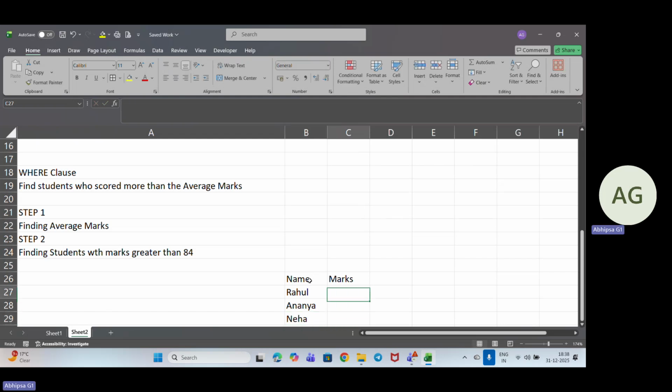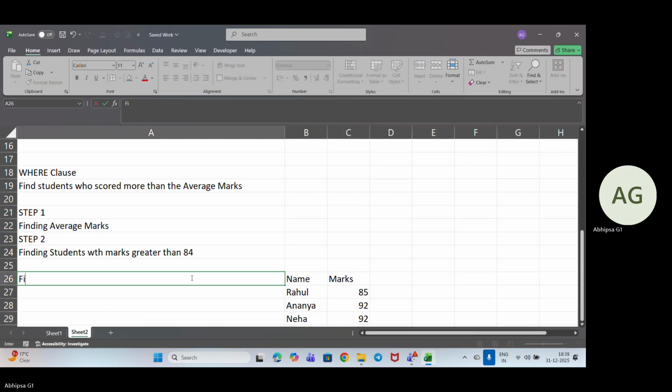And the marks, Rahul is 85, Ananya is of course 92 and Neha is also 92. Okay, so this is the final result of this query.